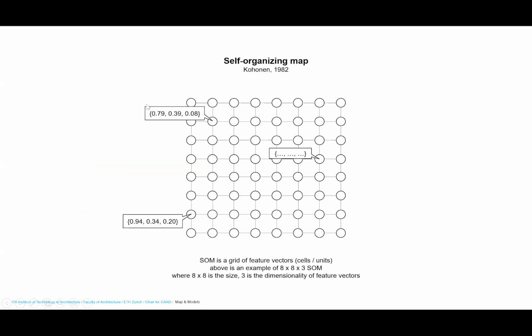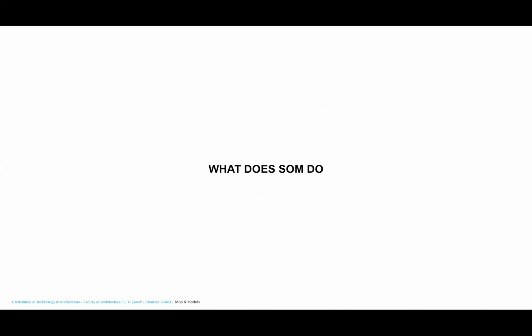If you want to draw a diagram, it's like this: you have circles lying on an orthogonal grid, and each circle represents 1 feature vector. For example, here we are seeing an 8x8x3 SOM. So we have an 8x8 grid of nodes, or SOM cells, and each cell is a feature vector of 3 dimensions. This is a self-organizing map. It's quite simple, but what exactly does it do? This is what we are going to look at in this lecture.